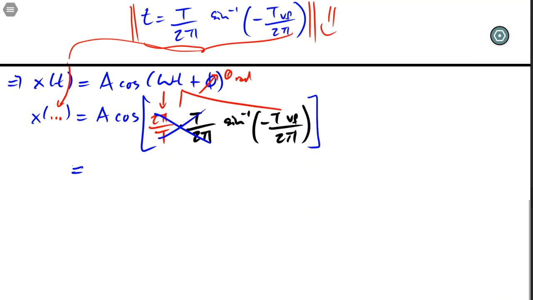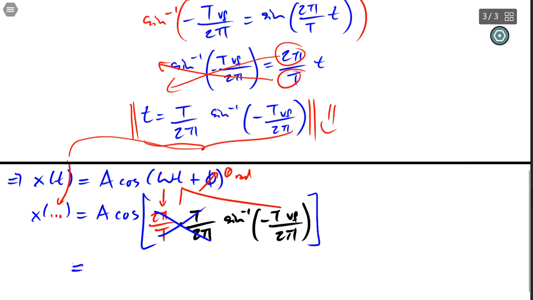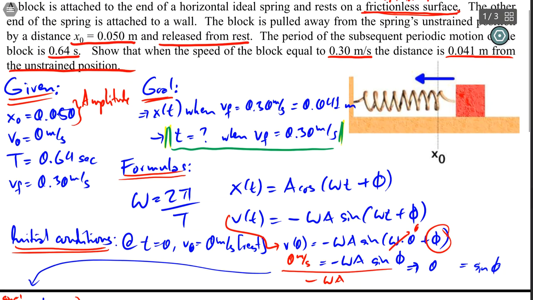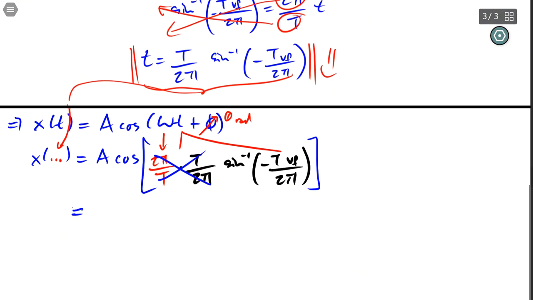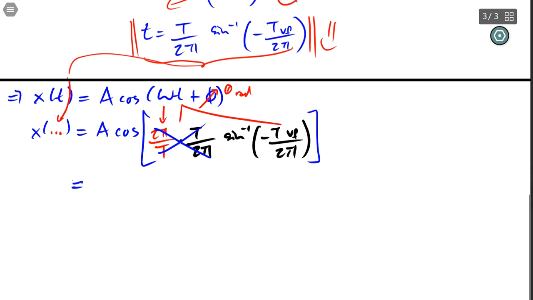Now all I have to do is plug in the values based on my given at the beginning, right here. It's plug and chug. That's in meters. You don't have to write the units, but I require my students to do that, so I will keep that in there. The period.